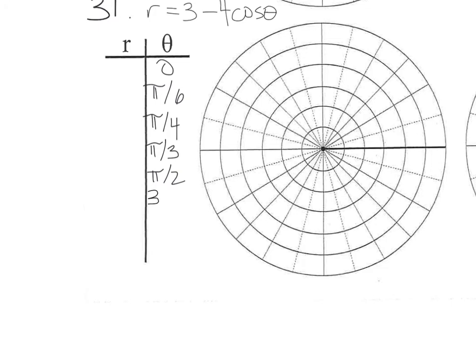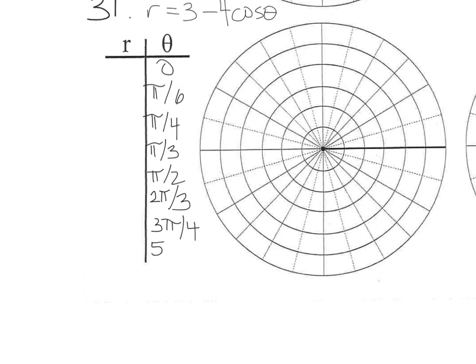Now imagine if it was a sine, then it's going to be symmetrical to the pi over 2 axis, like it has this 3 minus 4 sine, for instance. I think it'd be symmetrical to the pi over 2 axis, but actually algebraically it wouldn't work out like that. But in fact it is.